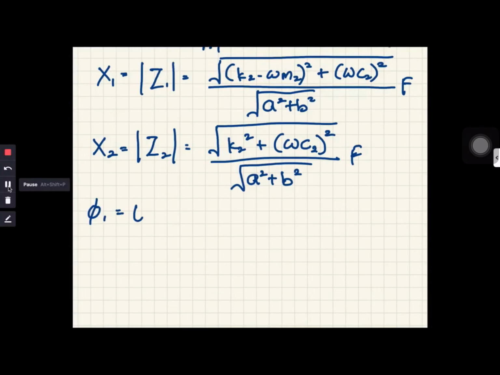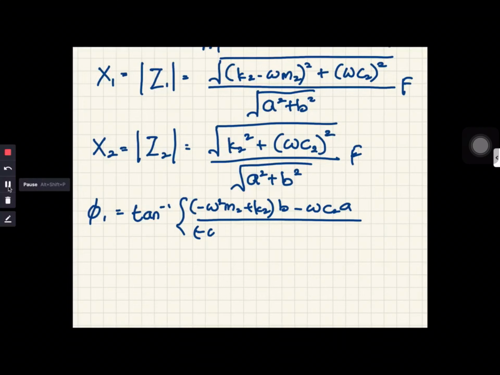So phi 1 will be inverse tangent of negative omega squared m2 plus k2 times b minus omega c2 a divided by negative omega squared m2 plus k2 times b plus omega c2 a.